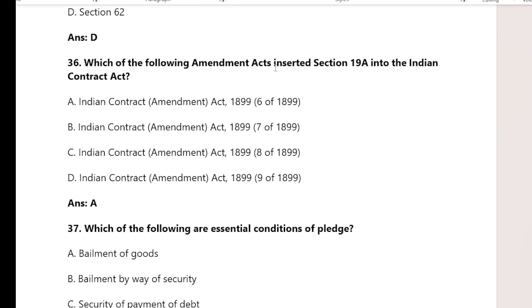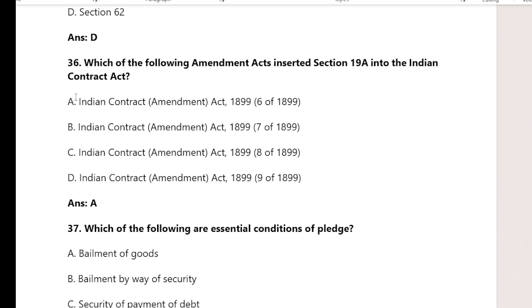Which of the following amendments inserted section 19A into the Indian Contract Act 1872: the Indian Contract Act Amendment Act 1899, Act number 6 of 1899, Indian Contract Act Amendment Act 1899, Act 7 of 1899, Act 8 of 1899, or Act 9 of 1899?